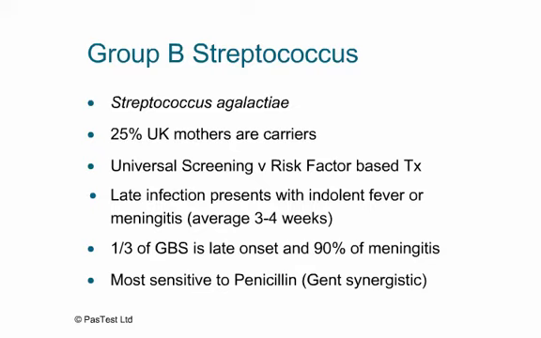Of Group B streptococcal infection, about 1/3 is of late onset, and of those, 90% are made up of meningitis. However, there are several other foci that should be considered, particularly if the CSF is clear, and these include a cellulitis, a septic arthritis or an osteomyelitis, and a lymphadenitis.